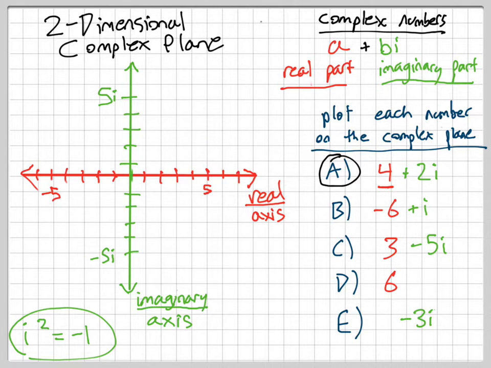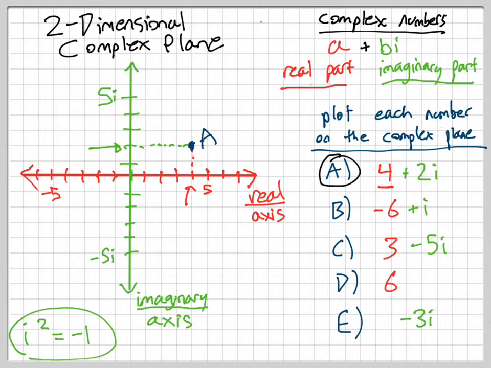And then if I want to graph the imaginary number 2i, that would be 2 units up on our imaginary axis. So the complex number 4 plus 2i is what we get by intersecting those two numbers. And this number right here, this point that I'm plotting, that would represent the complex number 4 plus 2i.